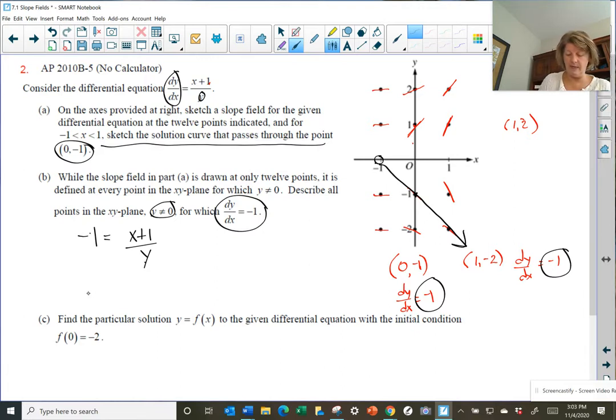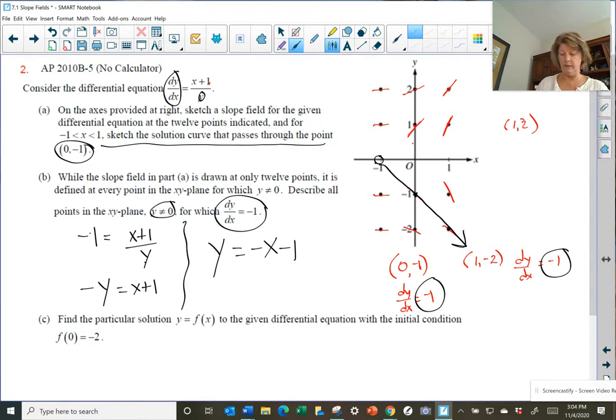Now let's just try and solve and see what we come up with. I get y times that gives me -y equals x plus 1. And I've got to describe all these points. So I'm going to describe it in an equation format by bringing the negative over to the other side. I'm going to get y equals -x minus 1. And that would be all the points along there.